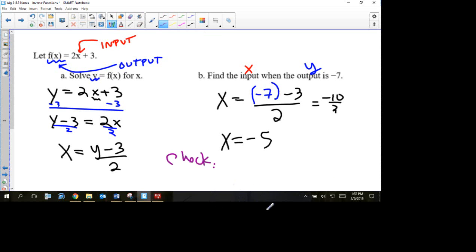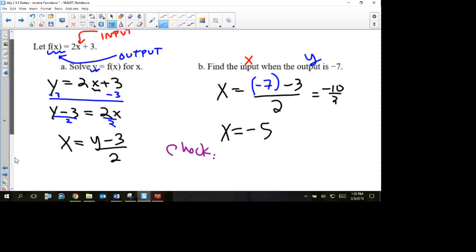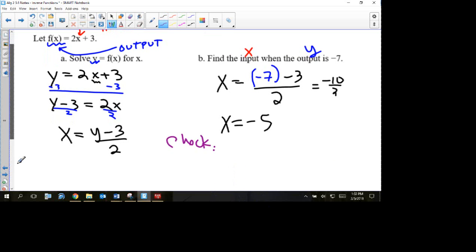If we go back to the original question, that is telling us if we put in x is -5, we should get y is -7. So I can just check it real fast. If I input f of -5, if I make x equals -5, what do I do on the other side?